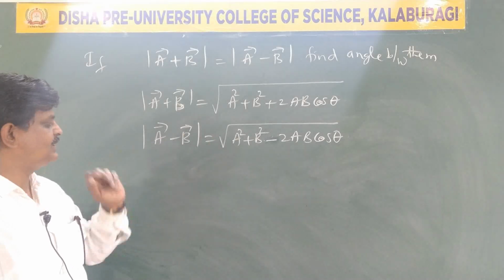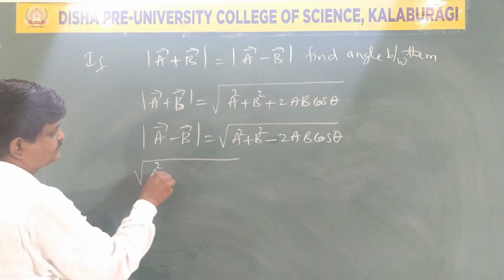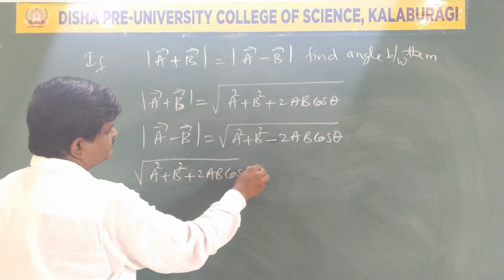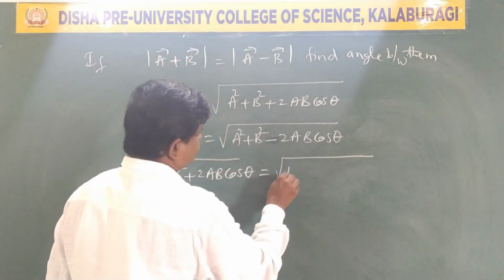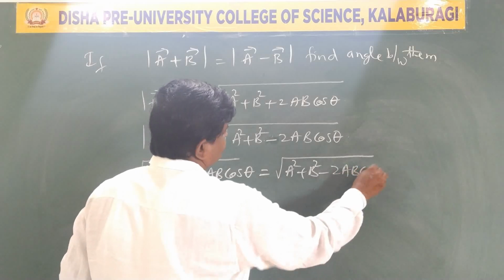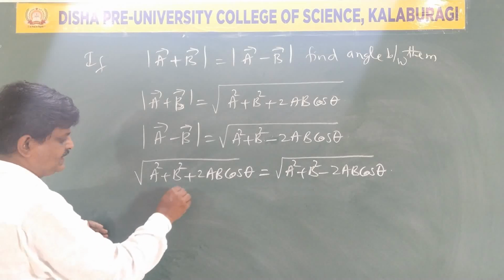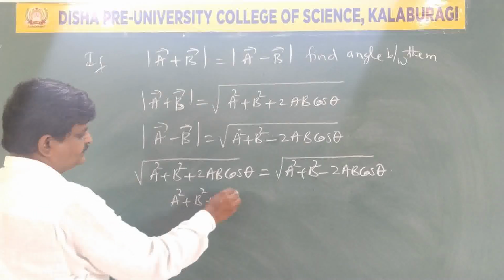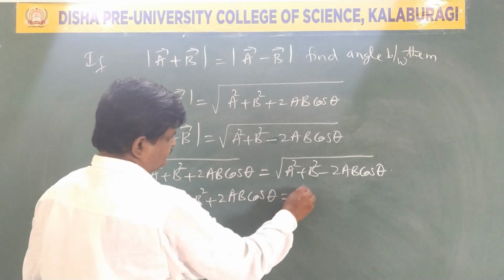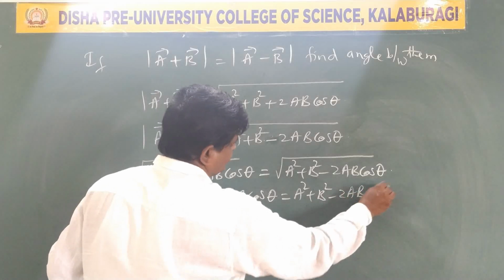So it is for minimum. So both are equal. Now squaring both sides, you will get a square plus b square minus 2ab cos theta.